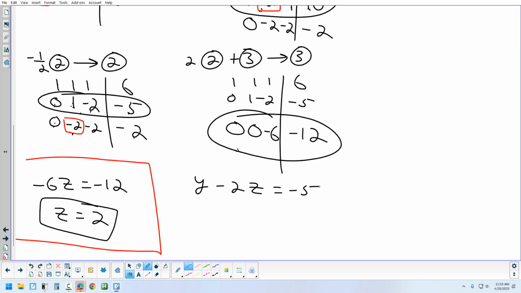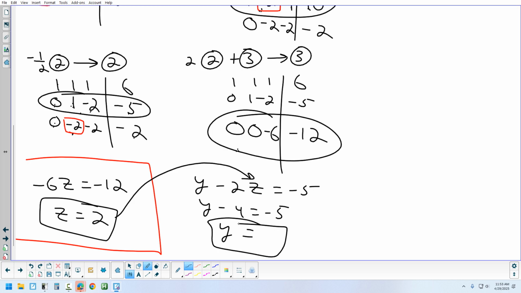And what did we just get for z? 2. Fill that in. Negative 2 times 2 is negative 4, which means y equals negative 1. That is your second answer.